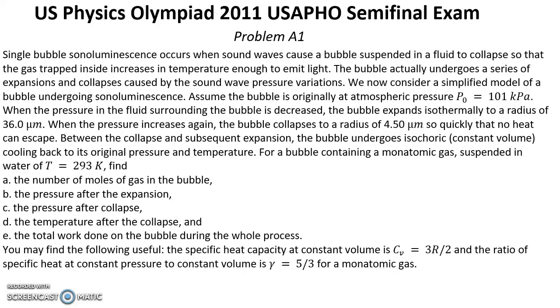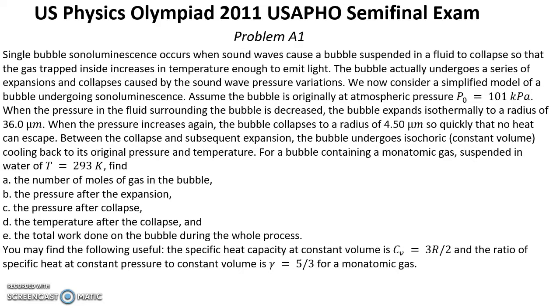You may find the following useful. The specific heat capacity at constant volume is CV equal 3/2 R. The ratio of specific heat at constant pressure to constant volume is gamma equal 5/3 for a monatomic gas.